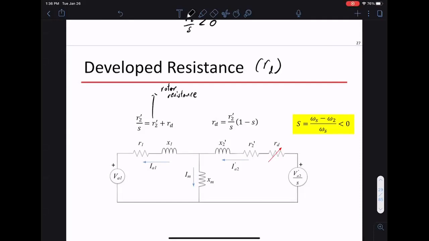RD is a developed resistance, and this has to do with the slip. It's basically R2 prime over S times 1 minus S. If S is negative, again this is a negative number. That's a negative developed resistance, meaning that again we're generating power.